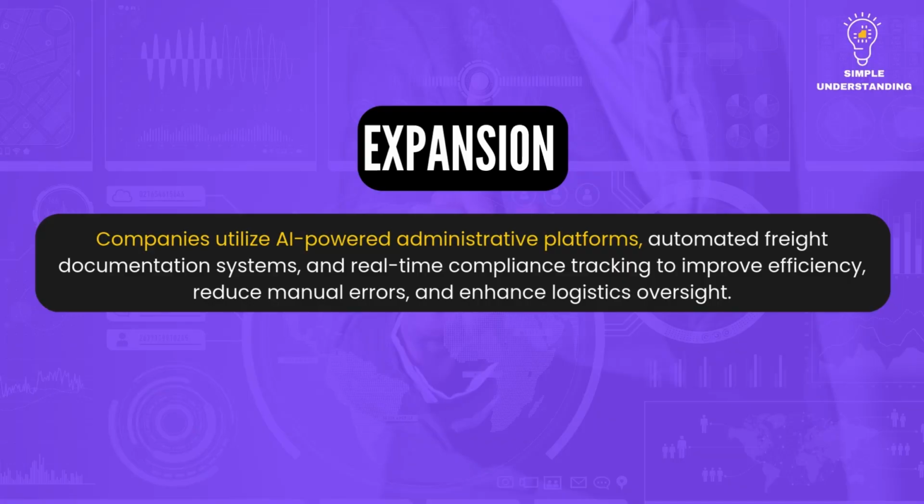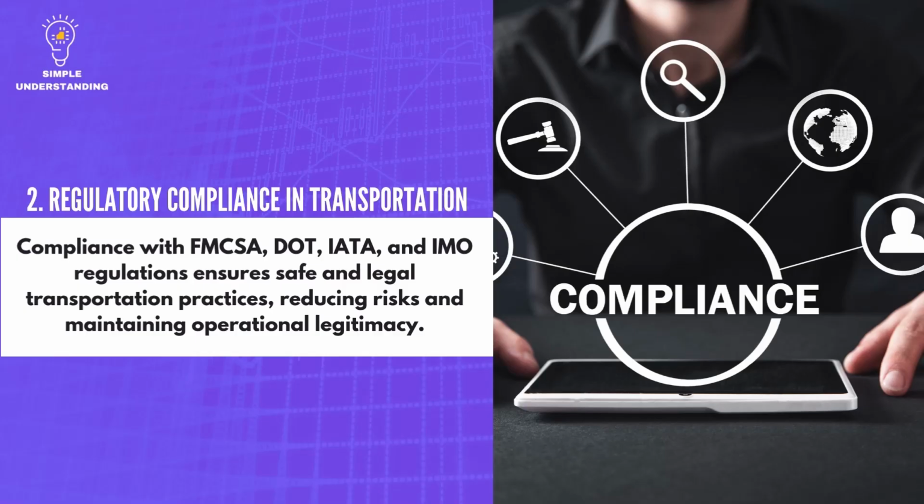Expansion. Companies utilize AI-powered administrative platforms, automated freight documentation systems, and real-time compliance tracking to improve efficiency, reduce manual errors, and enhance logistics oversight. 2. Regulatory compliance in transportation. Explanation.